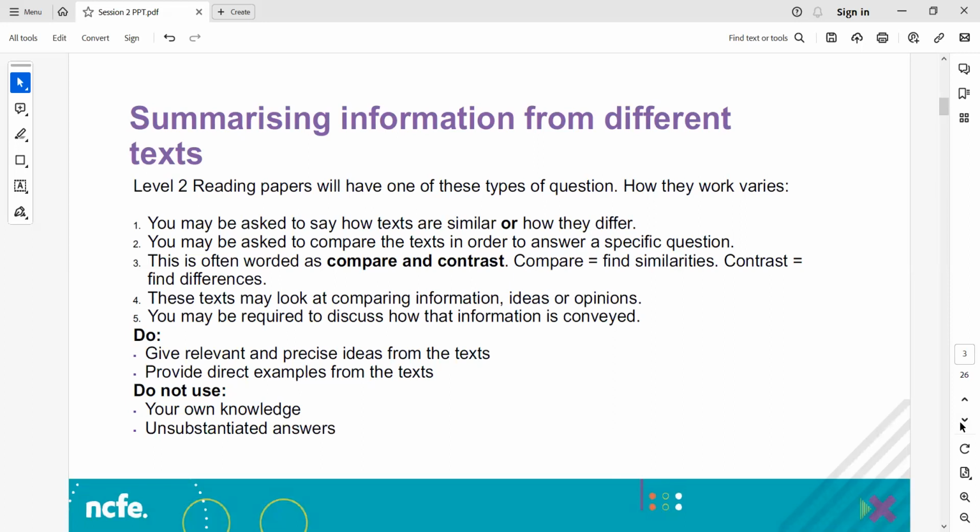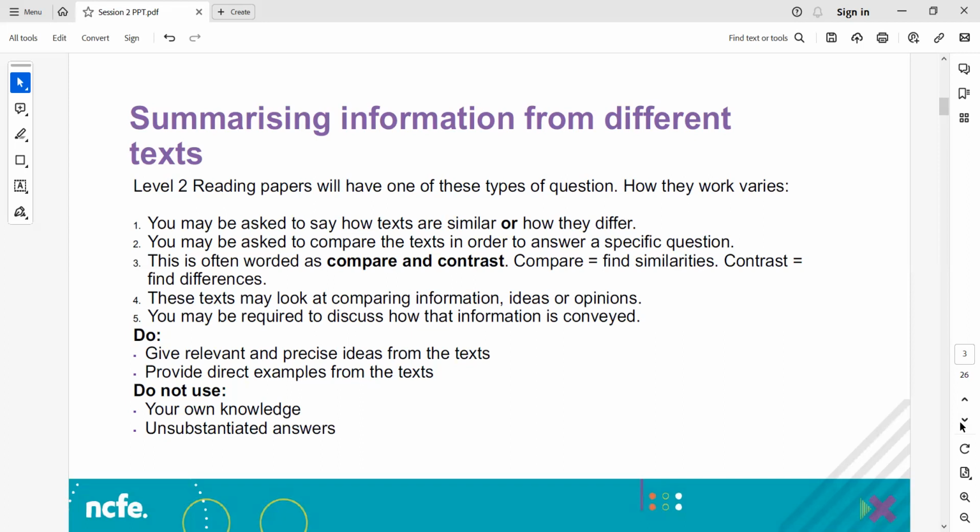So we're looking today at reading and how to answer questions on the level 2 reading paper. These are the types of question you might get, which are asking you to summarise information from different texts.